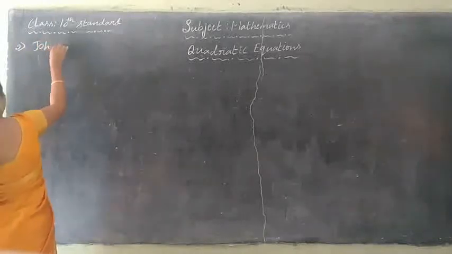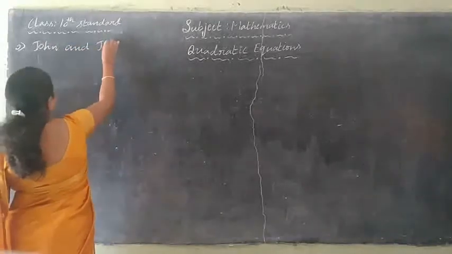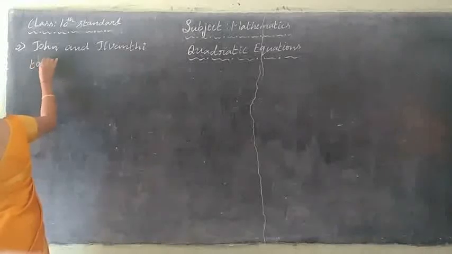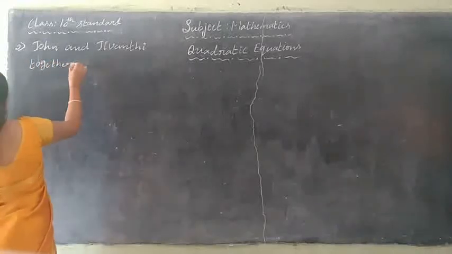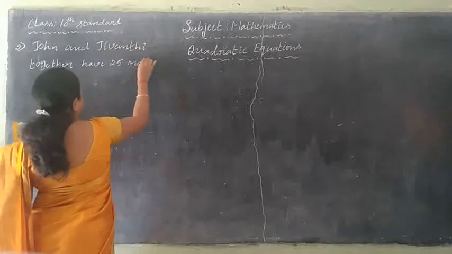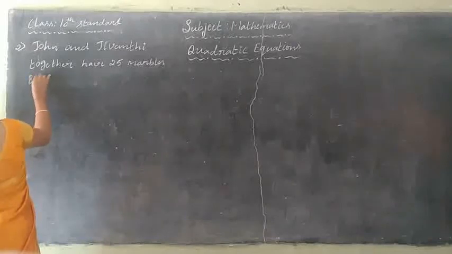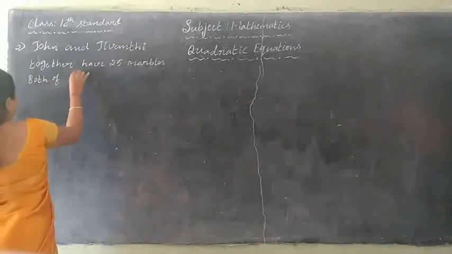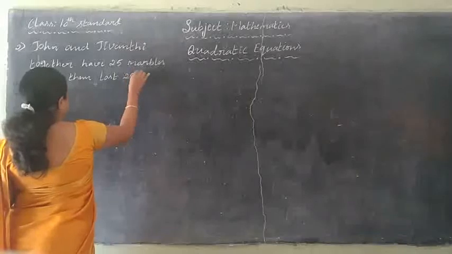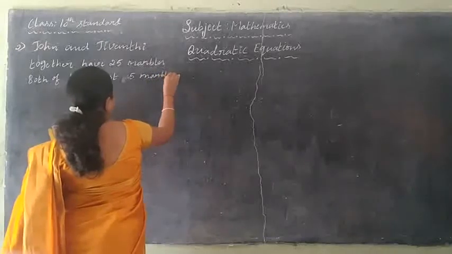John and Jivanti together have 45 marbles. Both of them lost 5 marbles each.